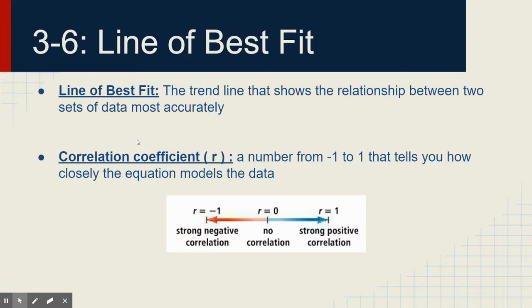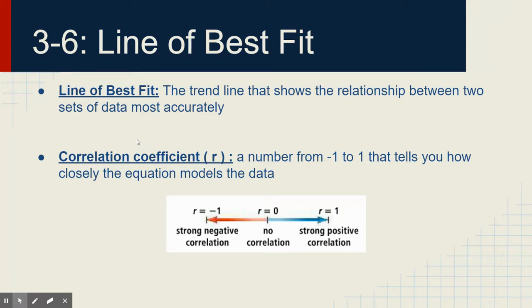So, line of best fit. Line of best fit is the trend line that shows the relationship between two sets of data most accurately. It is essentially the most accurate trend line that you could ever have. The trend line that we talked about in 3.5 is when you draw the scatter plot yourself and then do the trend line.